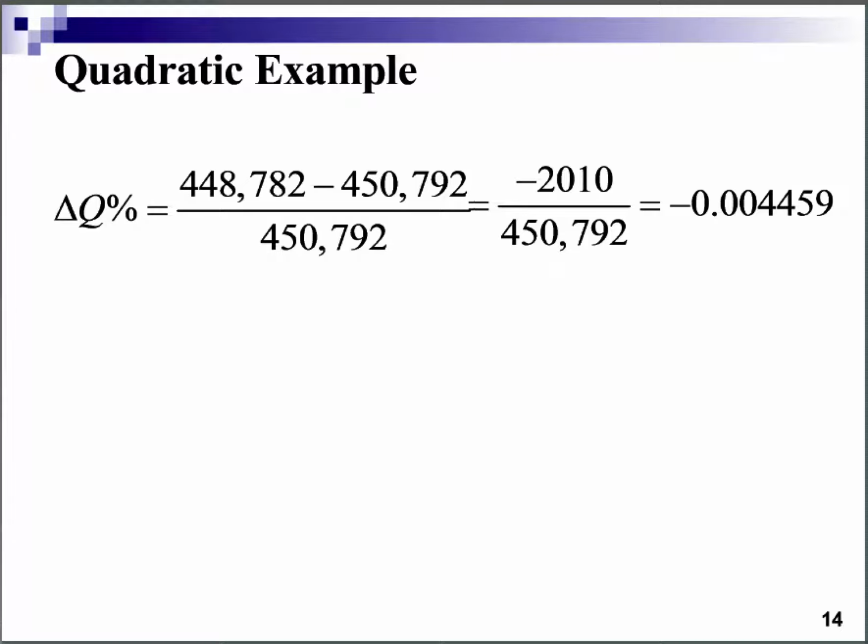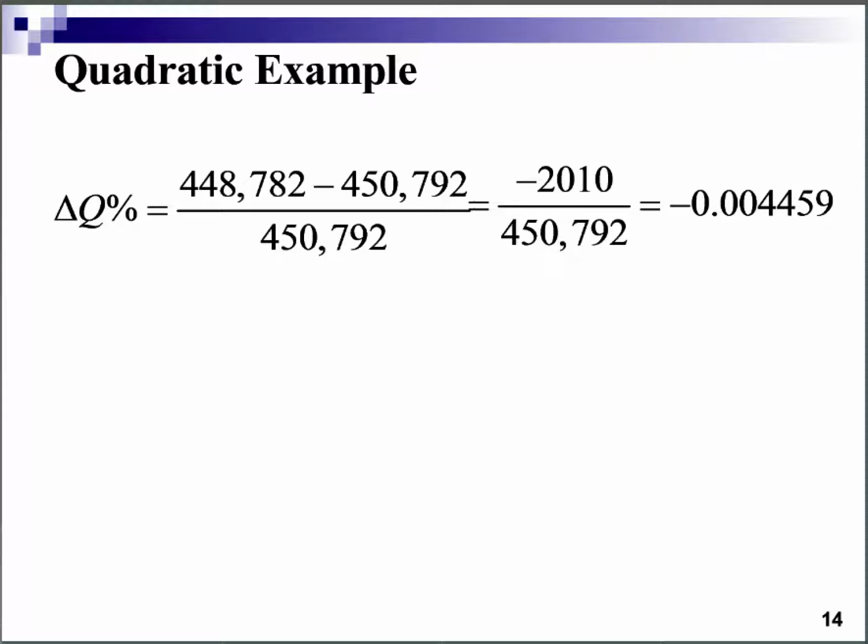And that gives me a value that is once again negative, but it's negative 0.004459. So if we convert this to a percentage, then we're looking at a situation where the quantity in demand is decreasing by about 0.4459%. So it's actually a relatively small decrease in demand.